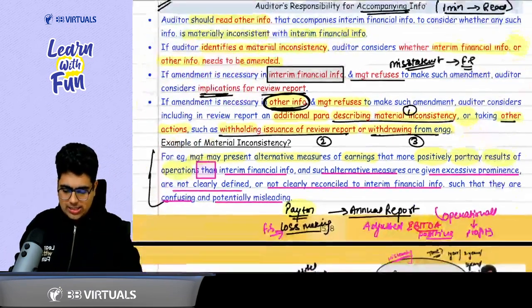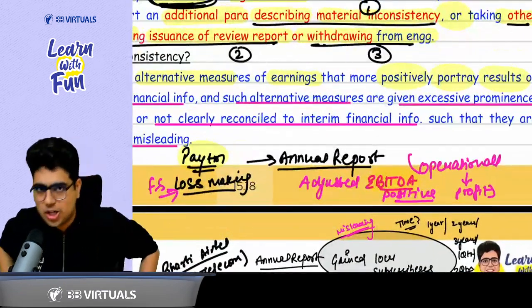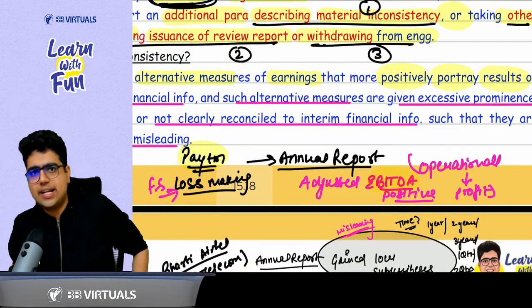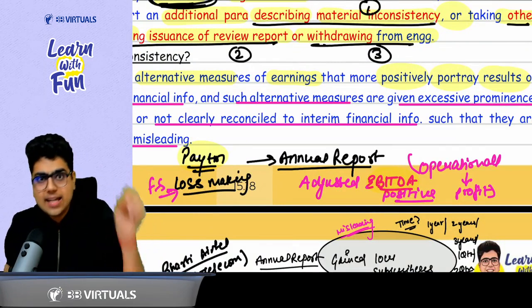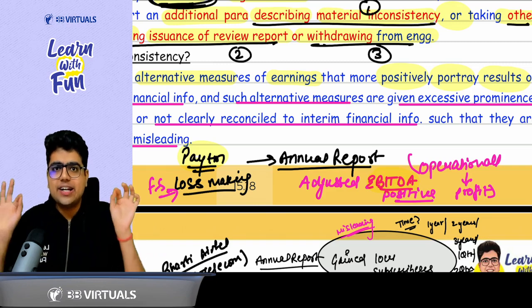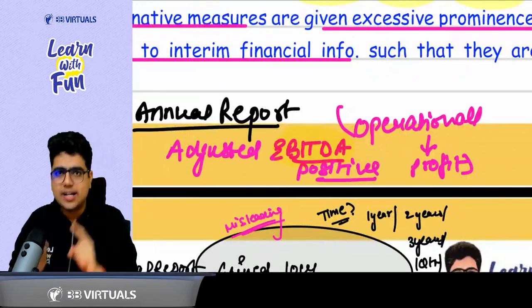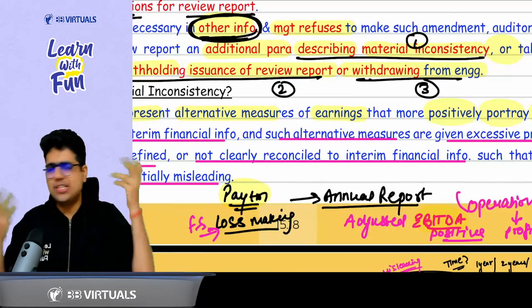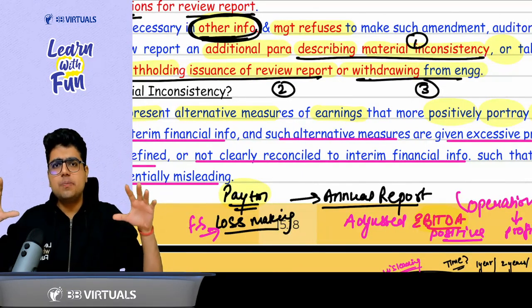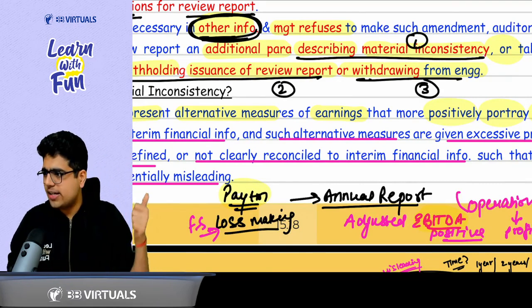Now, what is the example of material inconsistency we discussed? Let's say there is a loss-making entity called Paytm. In the P&L, you can directly see it is making a loss. But in the annual report, they have added a figure of adjusted EBITDA, earnings before interest, tax, depreciation and amortization. This is called an alternate measure of earning. Now this is showing the company is having operational profits. Is it contradictory?